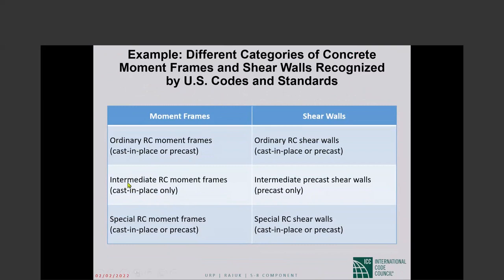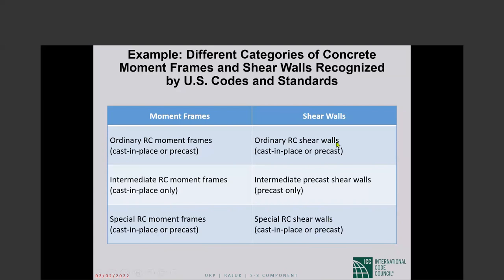We have intermediate moment frames which are cast in place only. There is no intermediate precast moment frames in ACI 318 or BNBC 2020. You don't have a lot of precast anyway. And then special moment frames which can also be cast in place or precast.